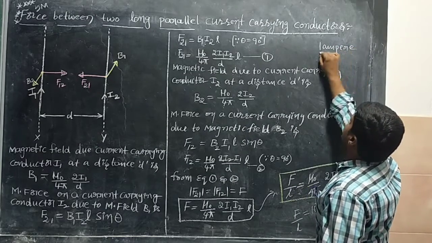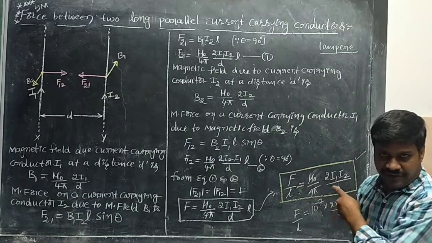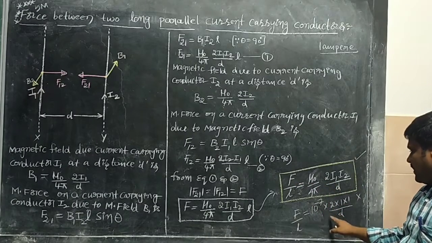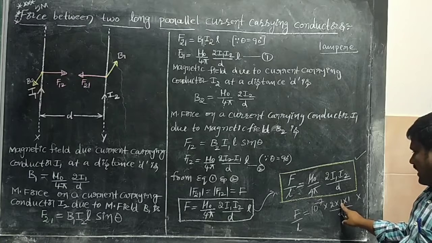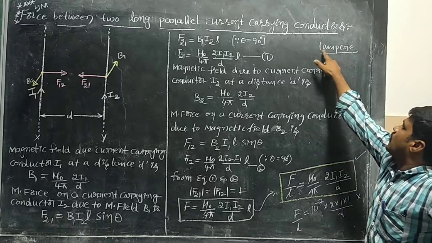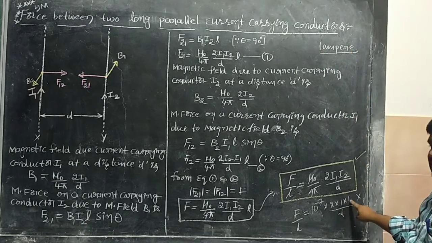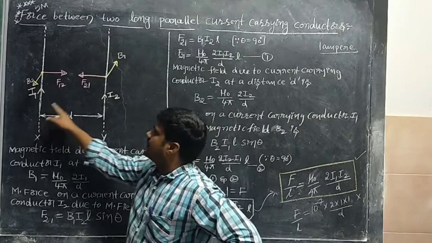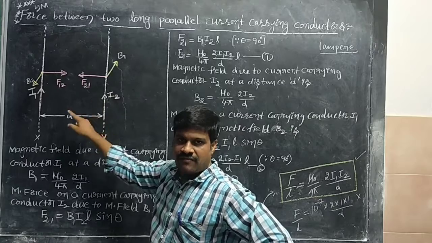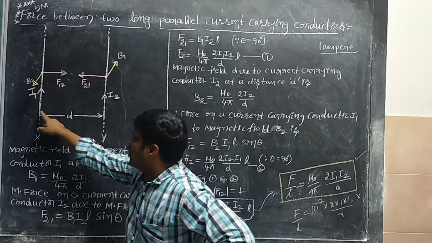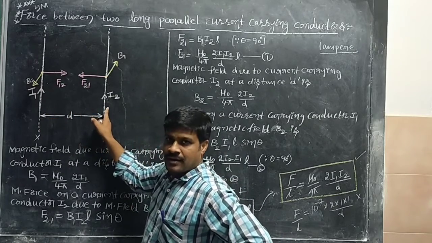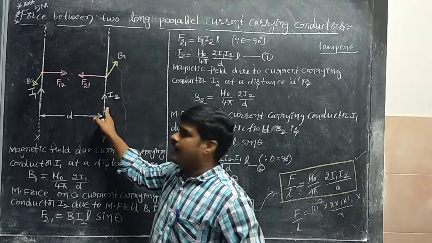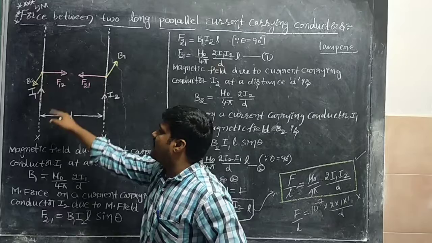How to define 1 ampere? 1 ampere definition, you write like this. Suppose current 1 ampere. 1 ampere is the current in each of two conductors which are straight, long, parallel and having negligible area of cross section.